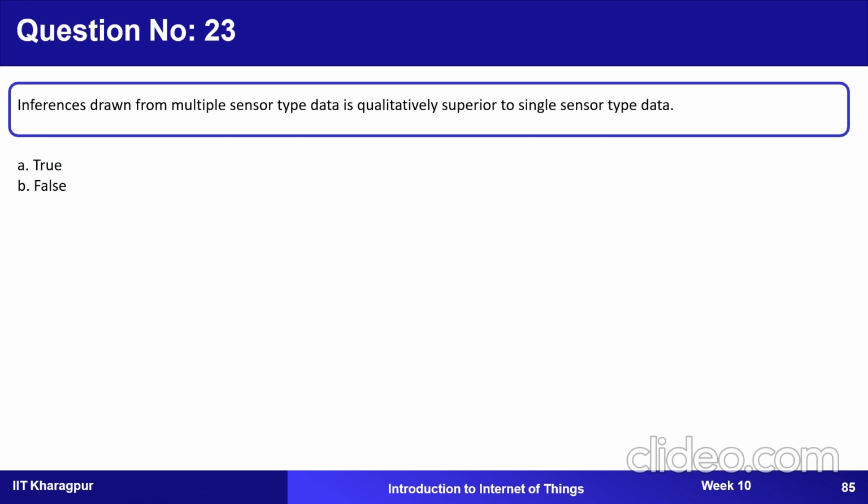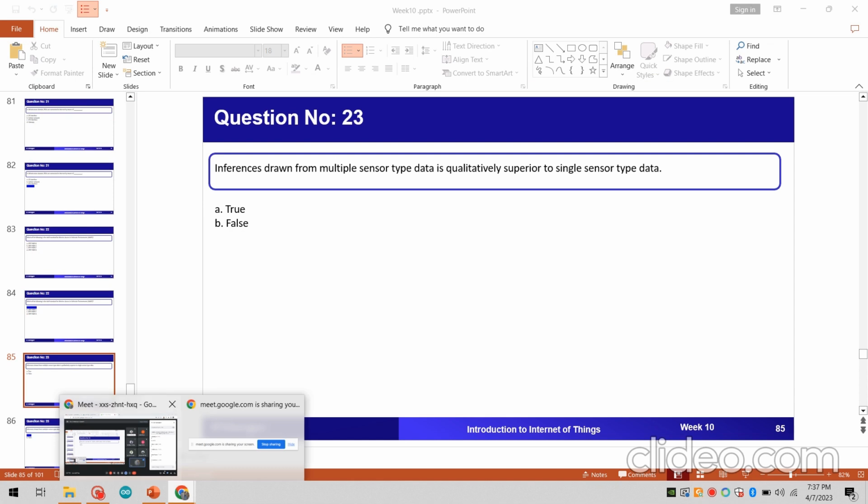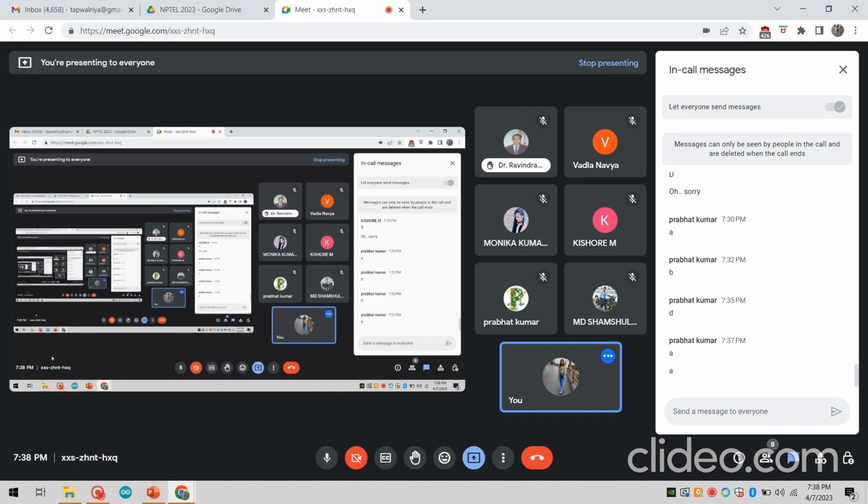Next question is, inferences drawn from multiple sensor type data are qualitatively superior to single sensor type data. Options are true or false. So the data which you have taken from multiple sensors is more superior as compared to single. Anyone? A. Okay.